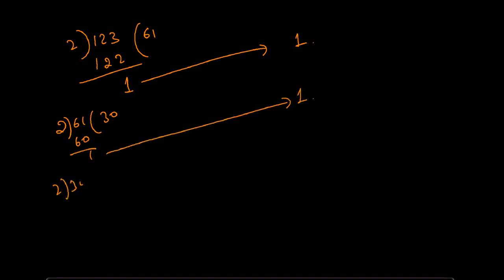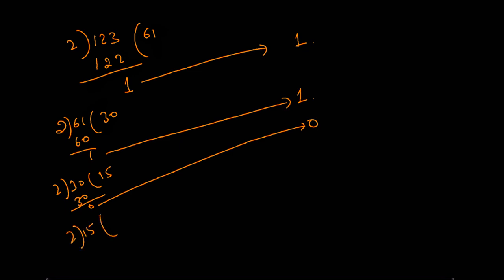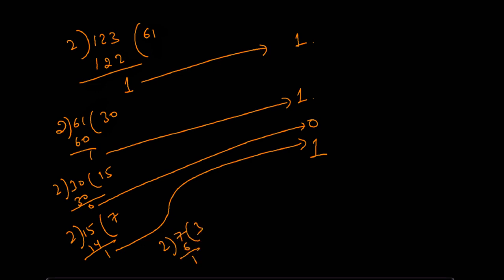Then 2 into 61: quotient 30, remainder 1. Then 2 into 30: quotient 15, remainder 0. Then 2 into 15: quotient 7, remainder 1. Then 2 into 7: quotient 3, remainder 1. Then 2 into 3: quotient 1, remainder 1.